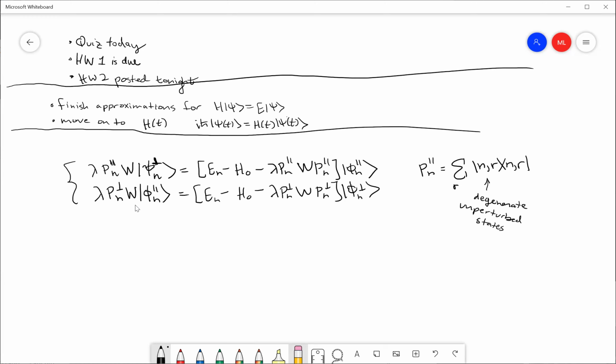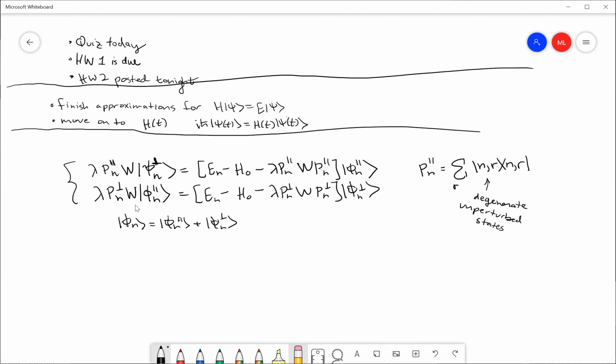And of course the perpendicular one is just the identity minus the parallel one. All we're doing here is expanding our eigenstate in terms of a parallel and a perpendicular component.